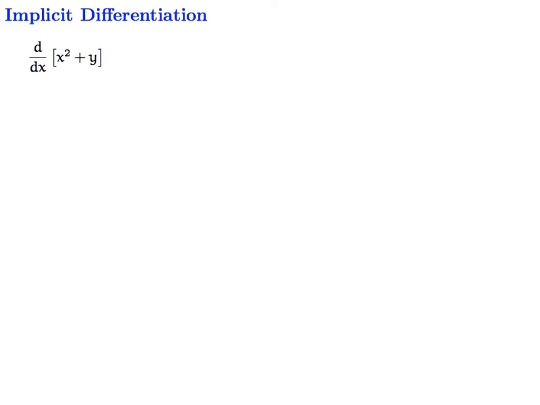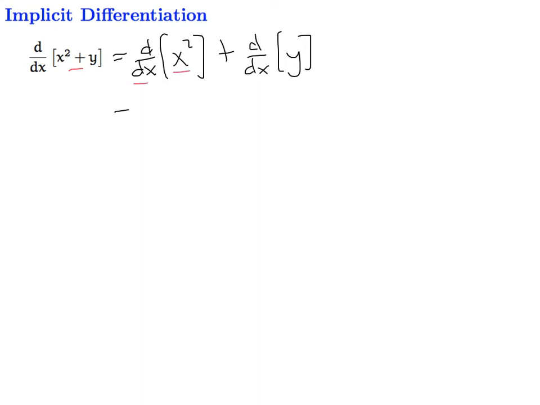The first thing to recognize here is we're adding together two things, and we know that derivatives work well over addition. That is, you can just break this up into the sum of two separate derivatives. In the first derivative, since the variables match, we're just going to use our normal power theorem. So the derivative of x squared is 2x.